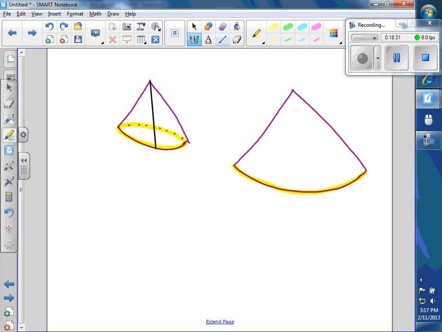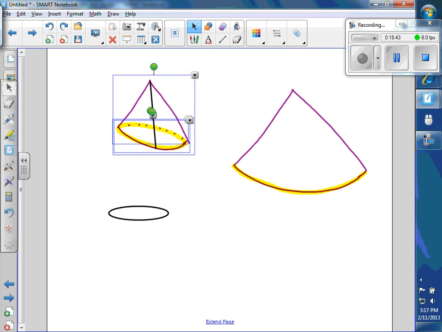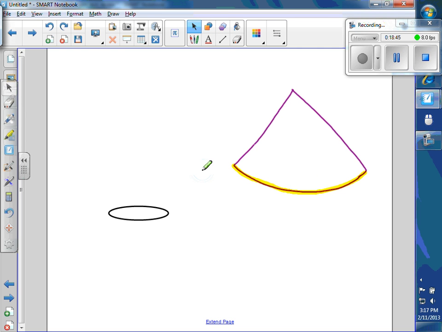Right? So let me do a better job here. You have a cone, and you have the height of the cone in there. And this would be the height, so they would dot it.